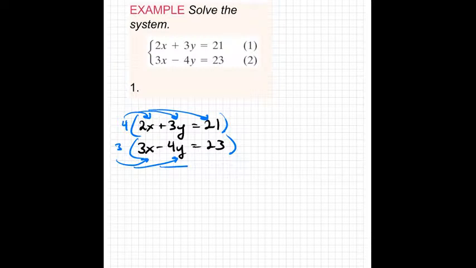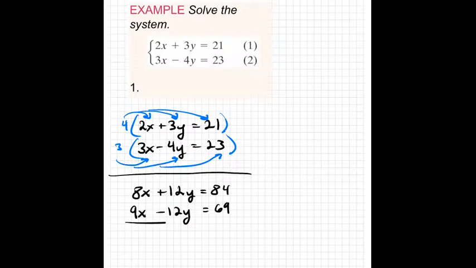On top, we're going to get 8x plus 12y equals, what is it, 84. On the bottom, we get 9x minus 12y equals 69. If we add these two equations together, we're going to get 17x equals 153.